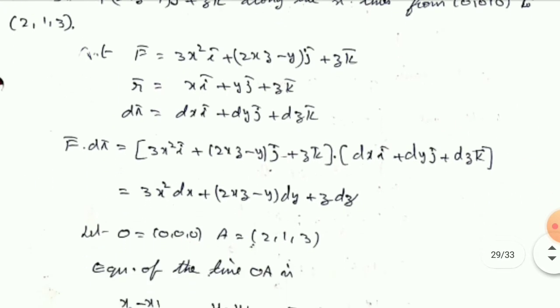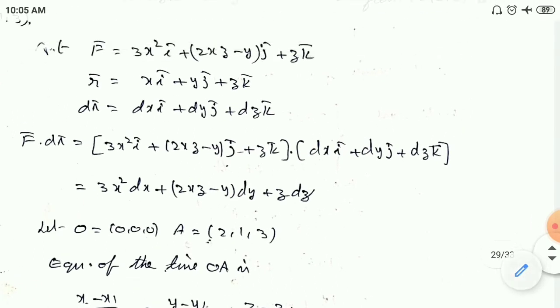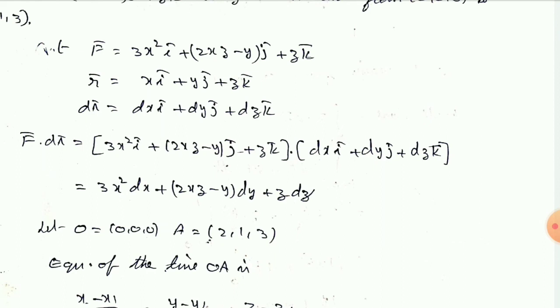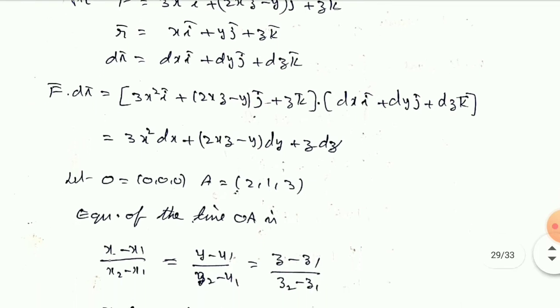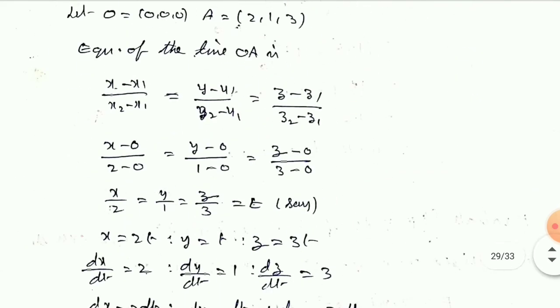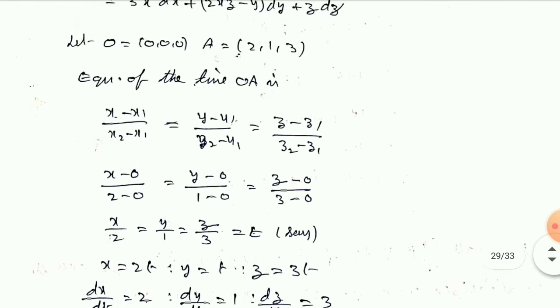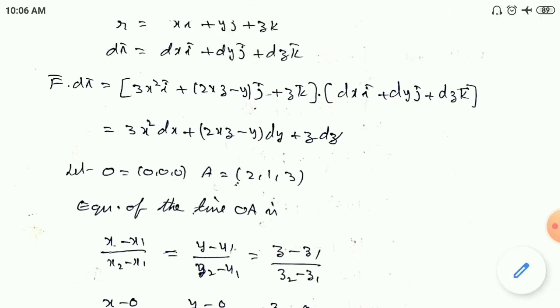So to substitute in the integral, you calculate F bar dot dr bar. F bar is dot product with dr bar, so the answer is 3x square dx plus 2xz minus y of dy plus z dz. Now they have given the 2 points. In order to get that value, they have given a different concept, but directly you can substitute the points 0, 0, 0 to 2, 1, 3.